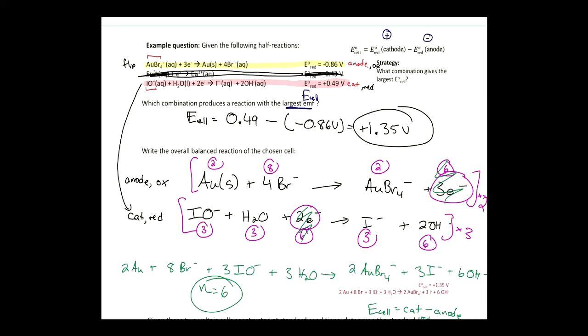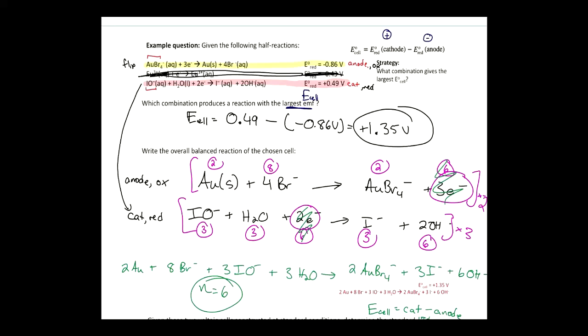We're looking at those reduction potential numbers, but then we put those reactions together to give an overall balanced chemical reaction for the entire redox reaction that's happening. So we need to recognize that all of these values are given in the reduction potential form, but in a redox reaction, something is reduced, something is oxidized.